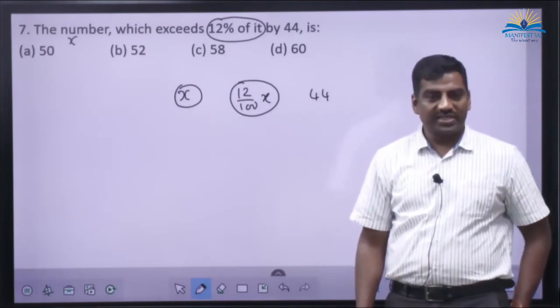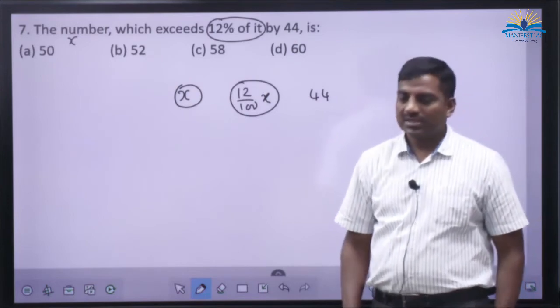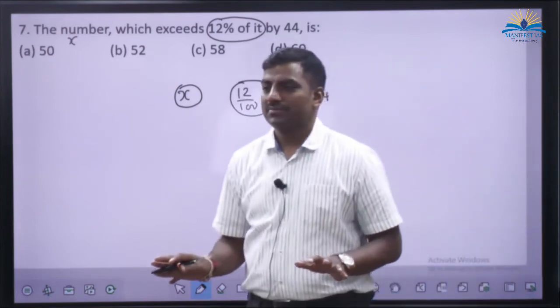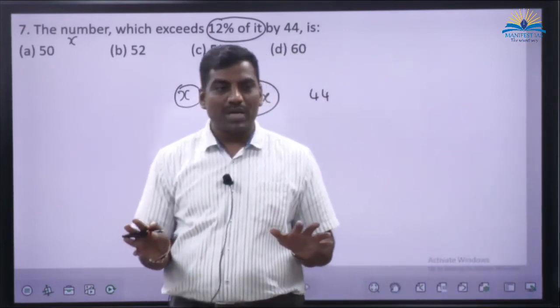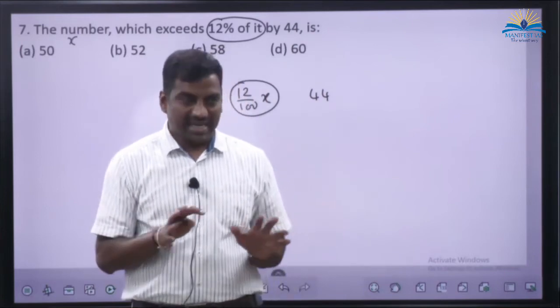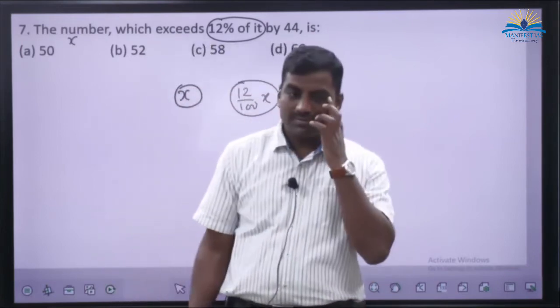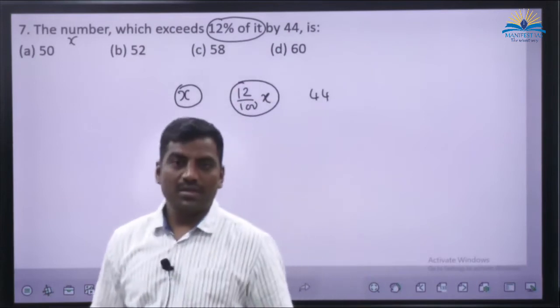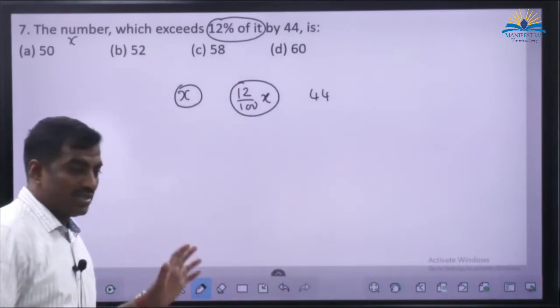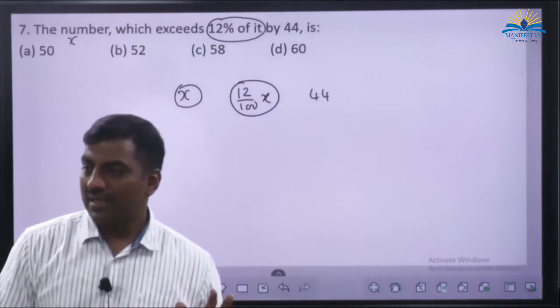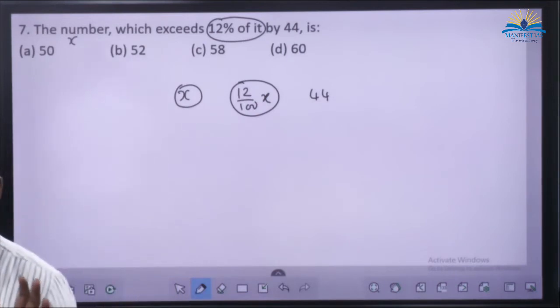I want you to construct an equation out of this. It is very simple. Just you have to put equal to mark, plus or minus, and get me the equation. One number is x, another number is 12 by 100x and 44. You have to connect them with equal to, plus or minus. I need the equation.